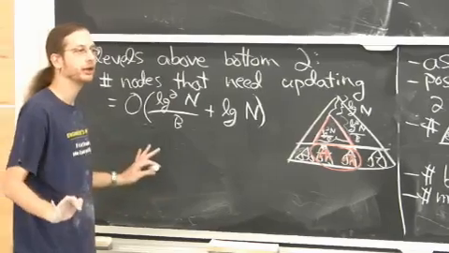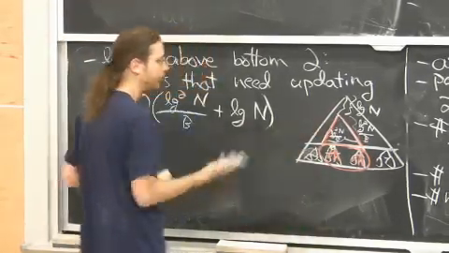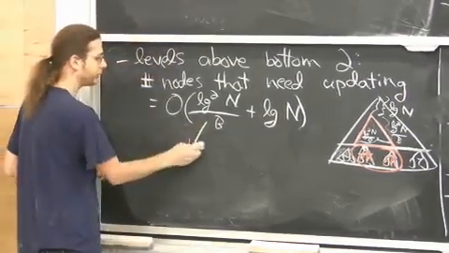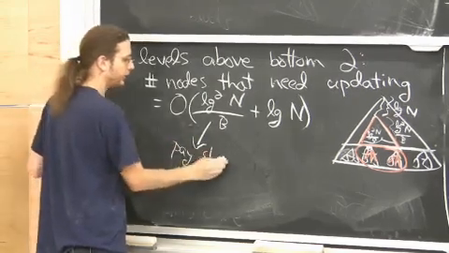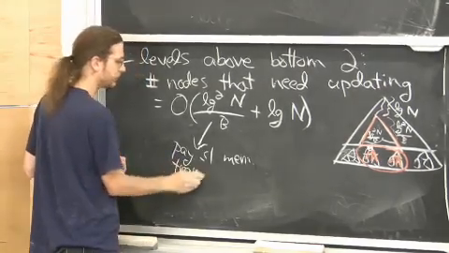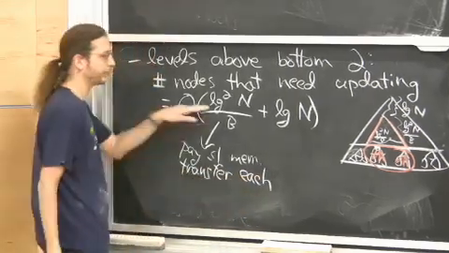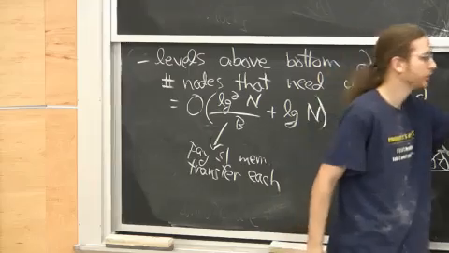So we don't care that we're efficient up here. It doesn't matter. So for these nodes, we pay at most one memory transfer each. And so we pay at most log squared n over b for them. That's fine, because we're already paid that much.